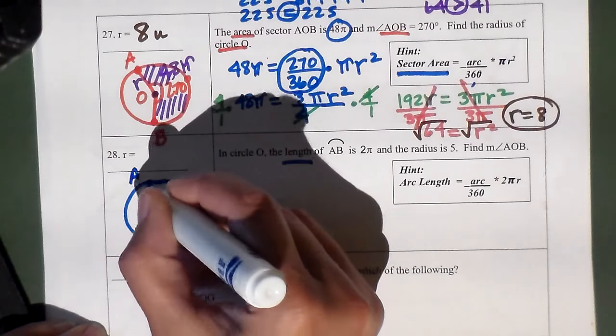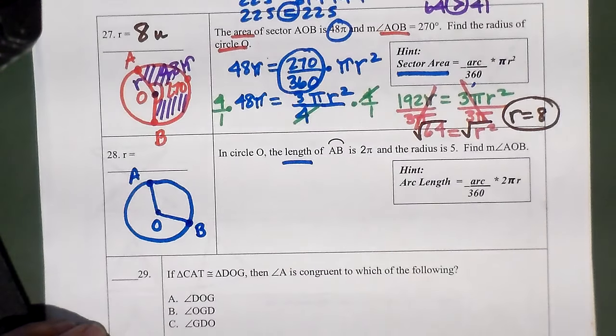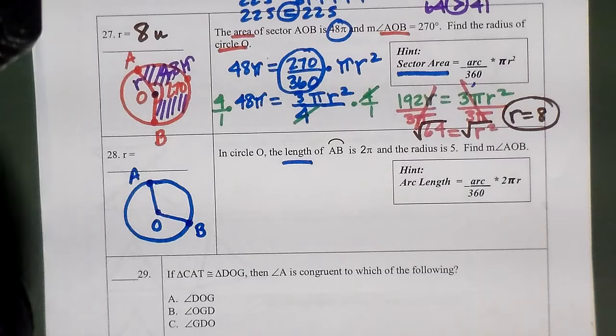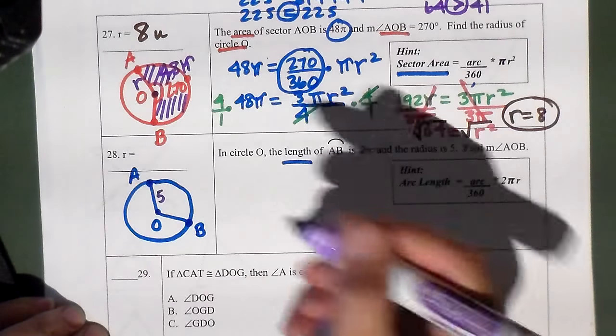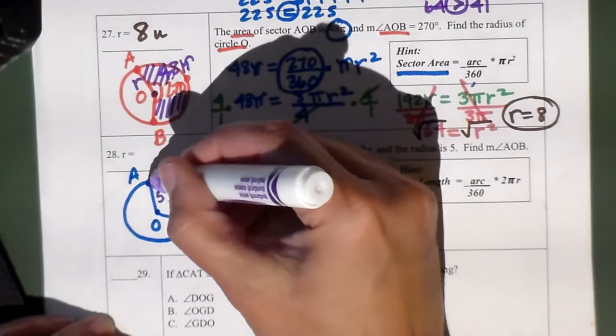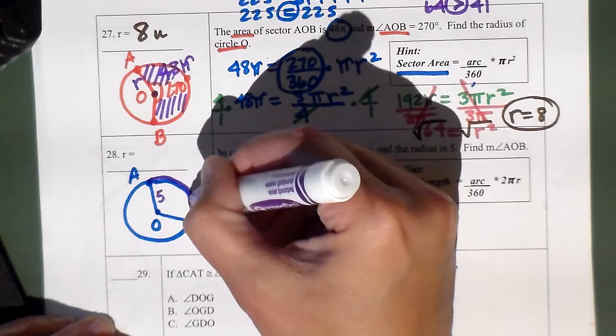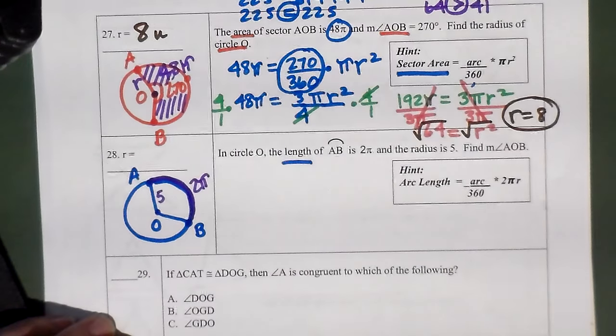So I'm going to do A, and again, you don't know if your drawing is going to be accurate because you don't have anything really accurate. So I'm going to use AOB, and I know my radius is 5, and I know the length, and notice we're talking about length now, a piece of the circumference.